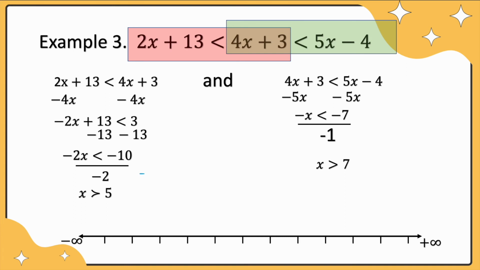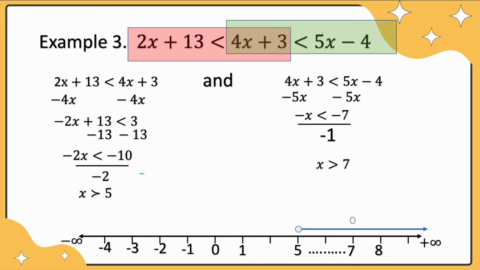Let's consider the first part of the solution, which is x greater than 5. Since 5 is not included, we use an open circle to mark 5, and then shade all the areas that are greater than 5. So that goes up to positive infinity. Next, let's graph x greater than 7.